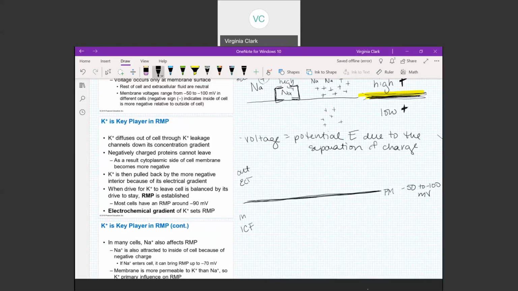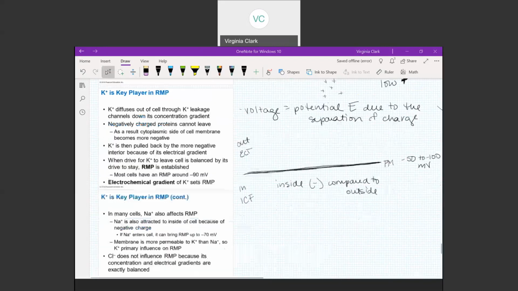The inside is negative compared to the outside. So when we say inside is negative, this could be -100. We'll get to that in a second. But the inside is negative compared to the outside. So that's something you need to know.